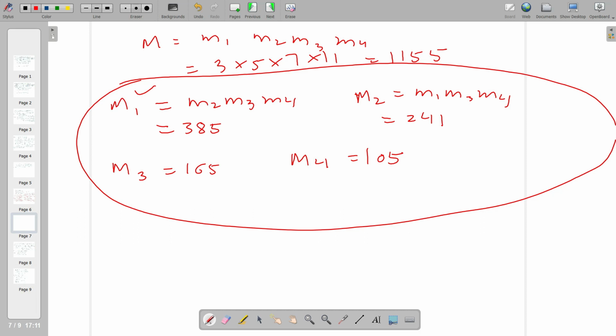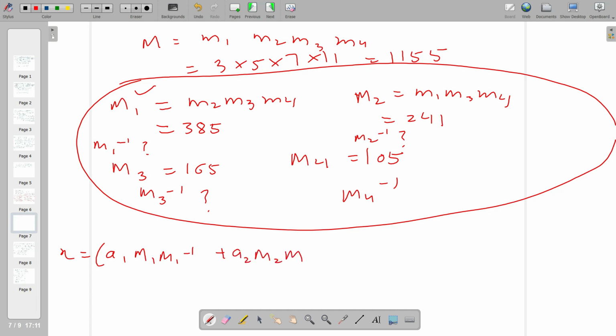Once you calculate all the inverses, M1 inverse, M2 inverse, M3 inverse and M4 inverse, just put the values in the equation. x is equal to A1 M1 M1 inverse plus A2 M2 M2 inverse plus A3 M3 M3 inverse plus A4 M4 M4 inverse, whole mod capital M. So you can solve for the value of x using this method.